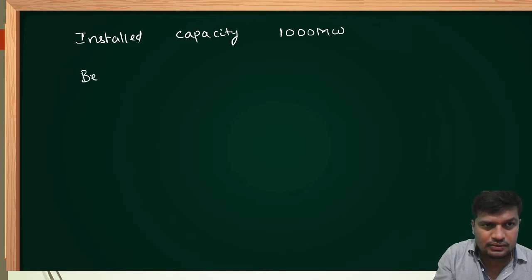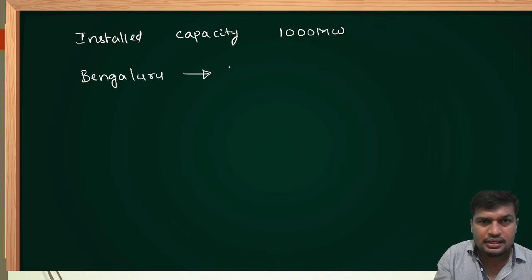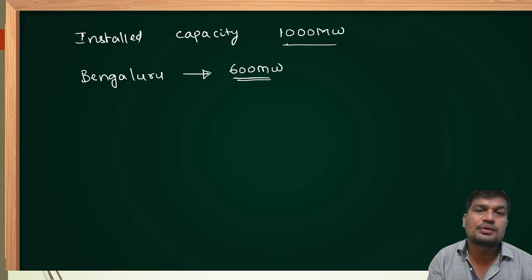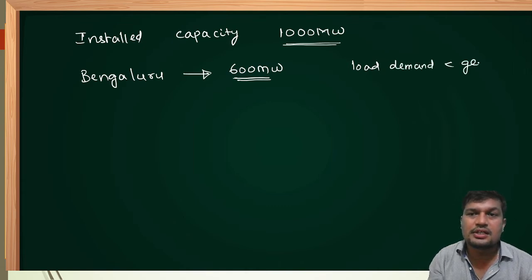In Bengaluru, right now the load demand is 600 megawatts, but the installed capacity of the thermal plant is 1000 megawatts. See, it is very clear. Load demand is less than generation capacity.